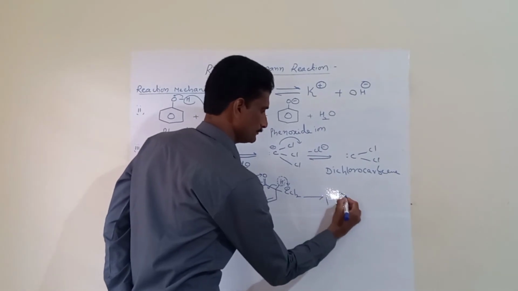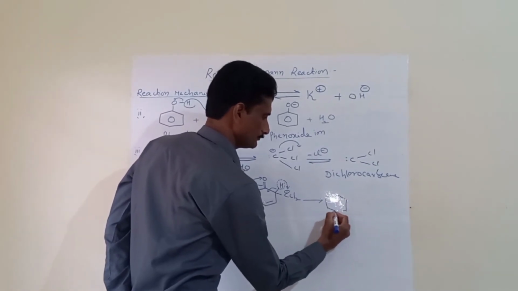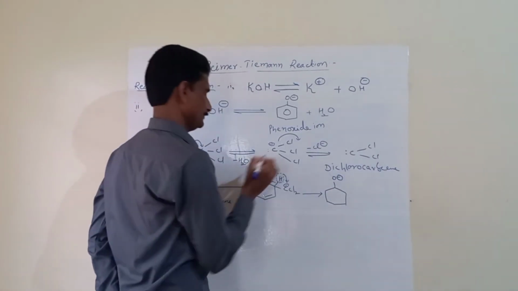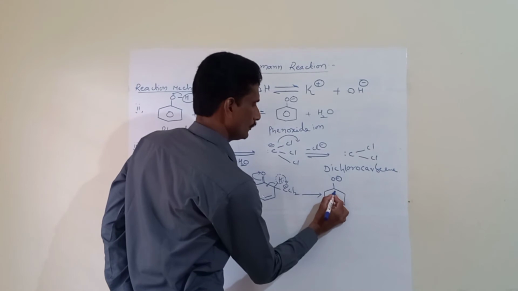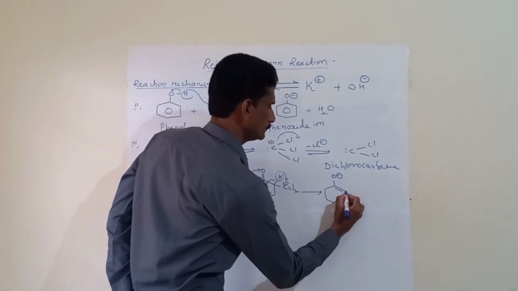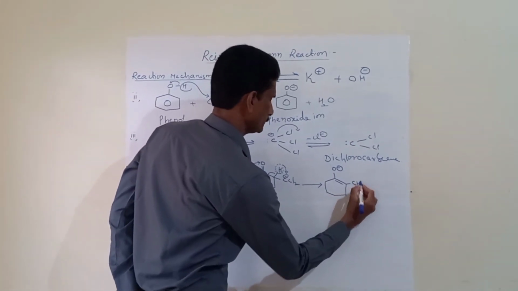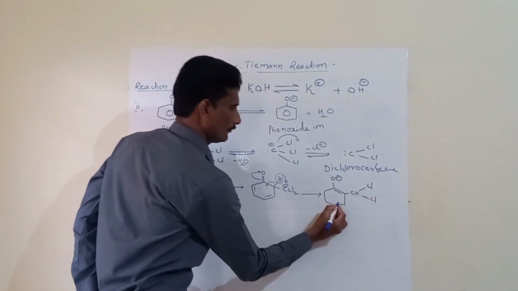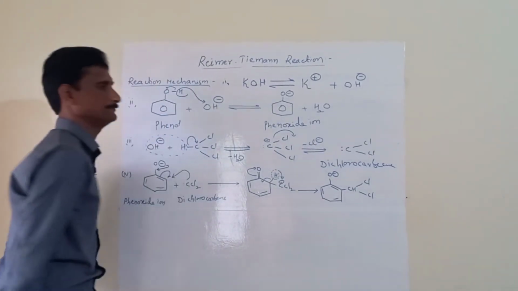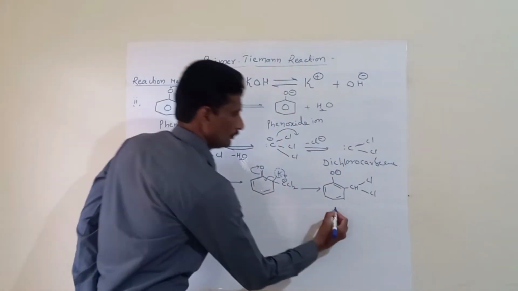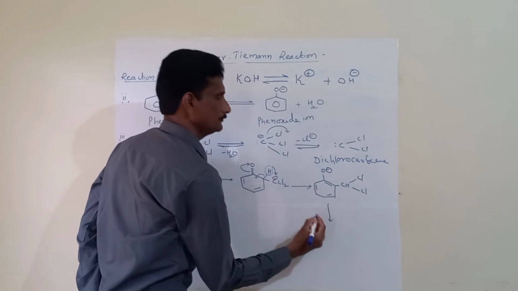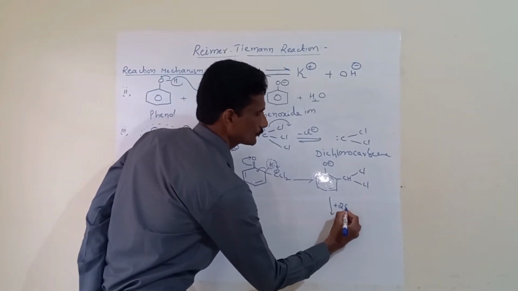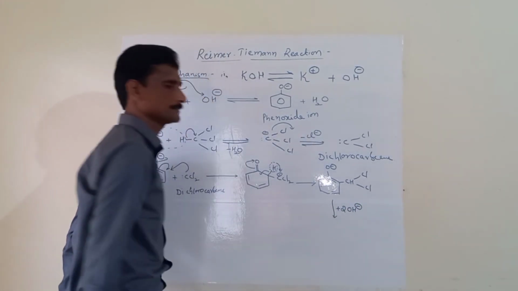What is the next step? In the next step, O minus, double bond, CHCl2, pi bonds, plus 2 OH minus.